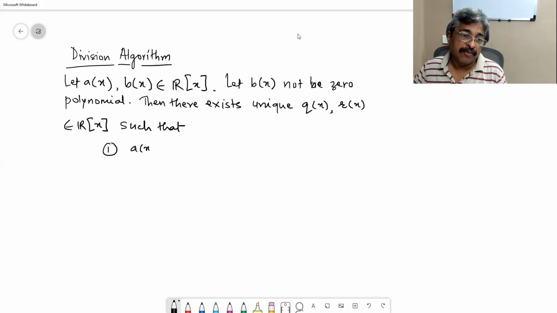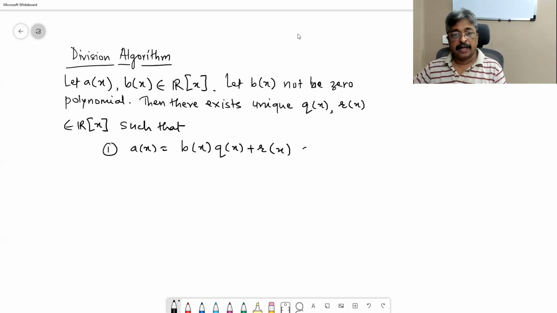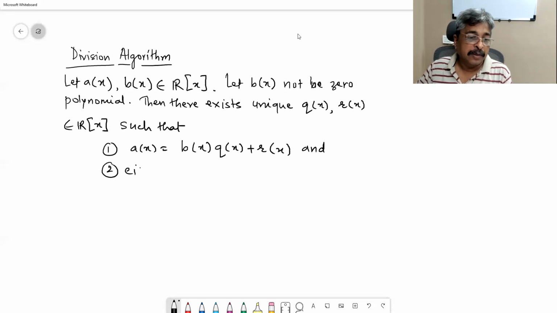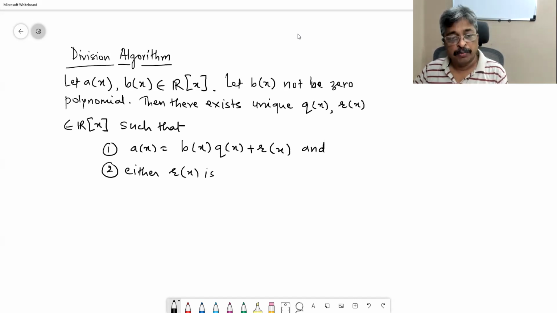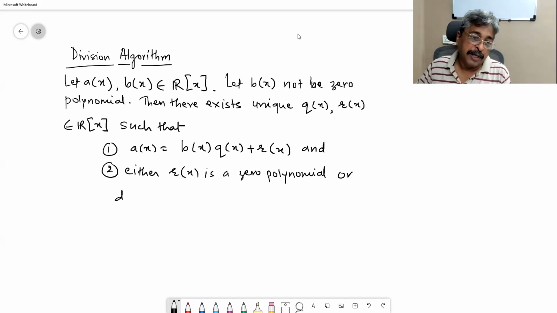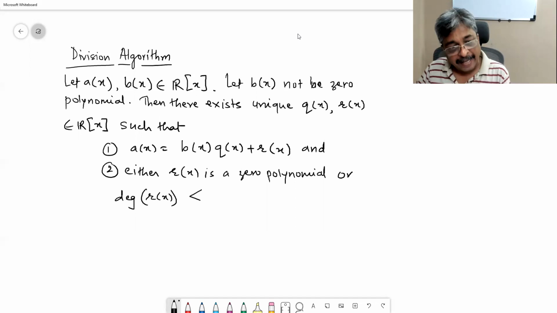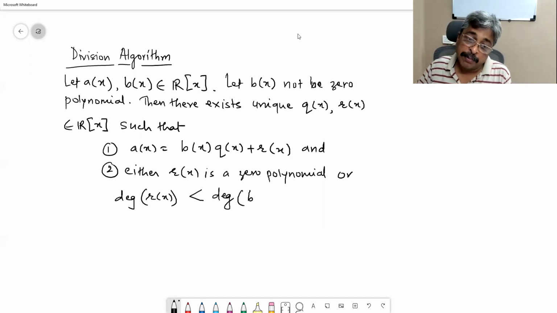1. a of x is equal to b of x into q of x plus r of x, and 2. either r of x is the zero polynomial or degree of r of x is strictly less than degree of b of x.